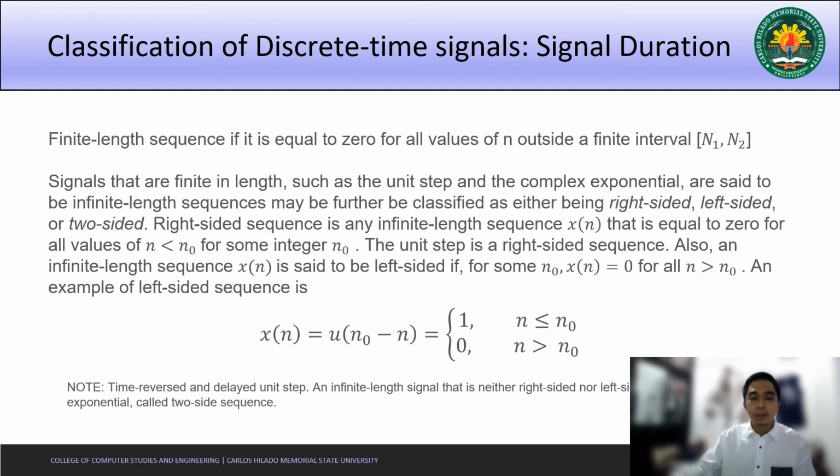An example of a left-sided sequence is x of n equals u of n sub 0 minus n, which equals 1 for n less than or equal to n sub 0, and 0 for n greater than n sub 0. So this is a time reversed and delayed unit step, another type of equation that can be used for signal duration.